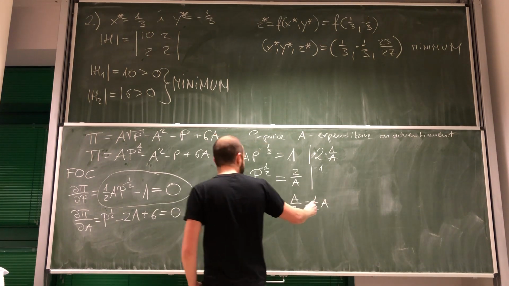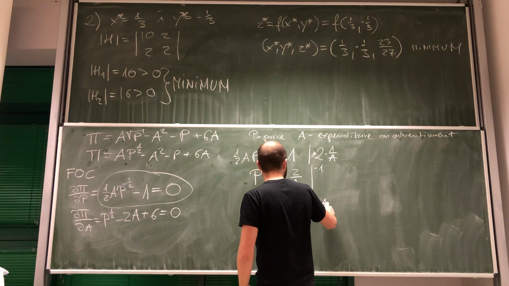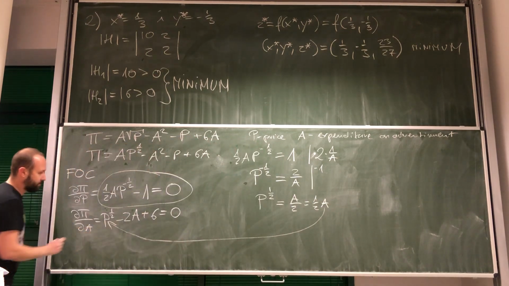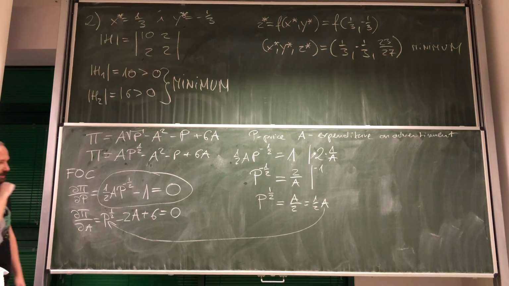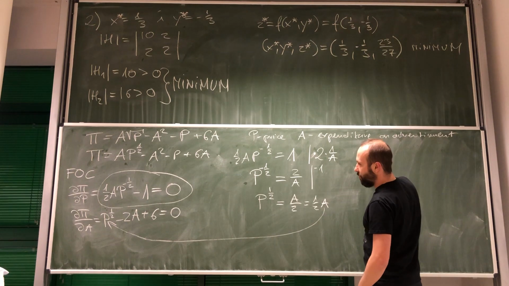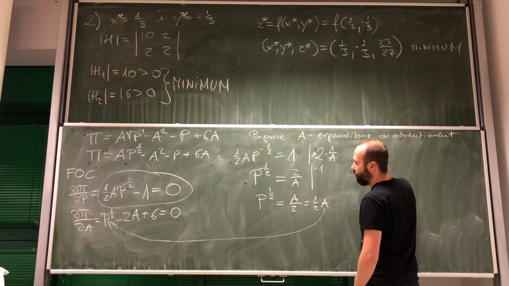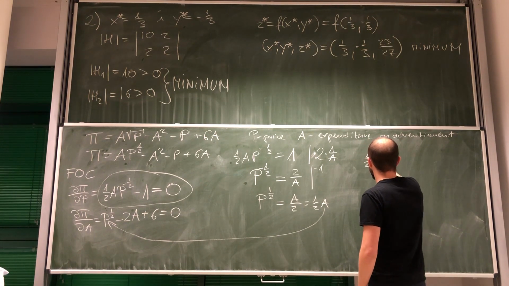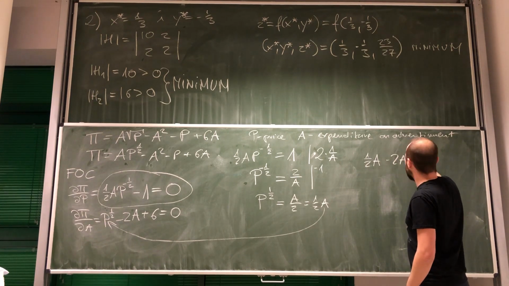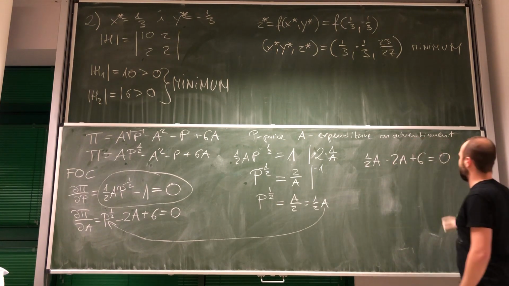Okay? And now what I can do is substitute this result directly over here. So I'm getting that 1 over 2A minus 2A plus 6 is equal to 0.